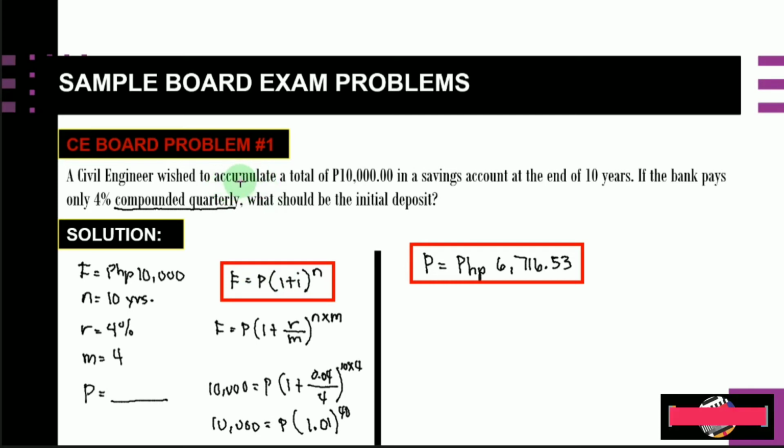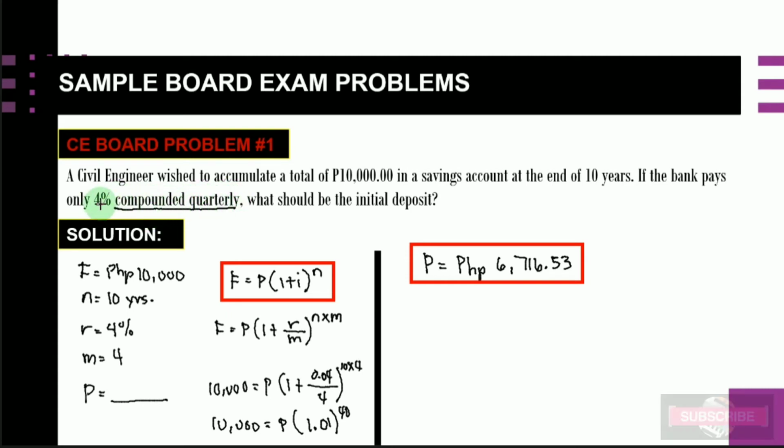nga accumulated or accumulate, meaning this is synonymous of saying related siya sa future word. And then take note also if maka-encounter mo og mga statement like compounded quarterly, monthly, semi-annually.